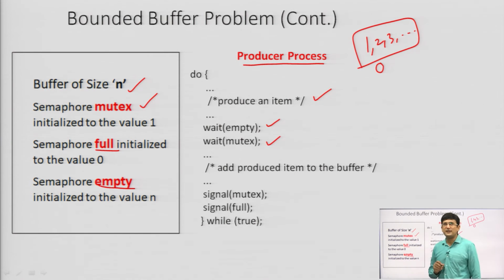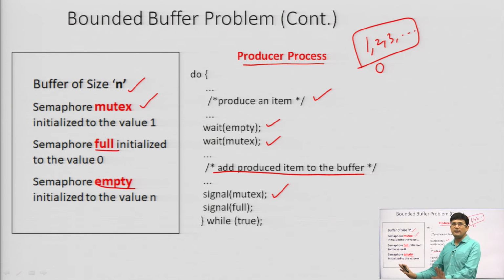Since the access to the buffer is going to take place with the help of the mutex lock, wait till the mutex lock value is 1, then only enter the critical section, otherwise do not enter. After this, the produced item will be kept in the buffer, and then we can signal mutex, because the work with the buffer is over.